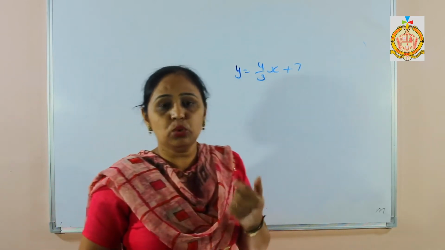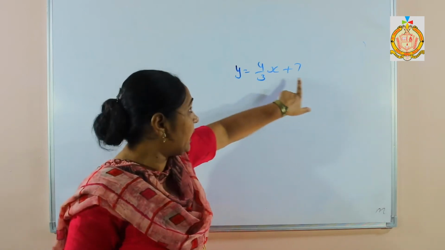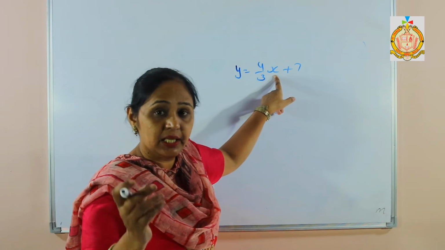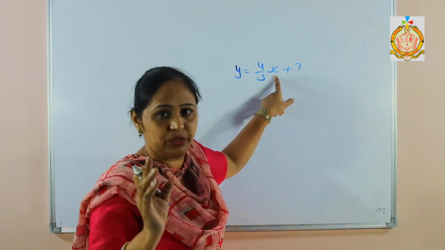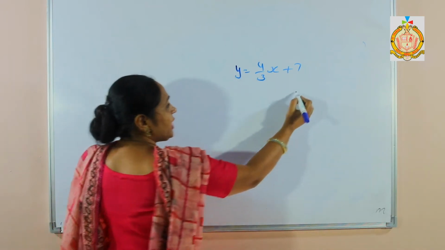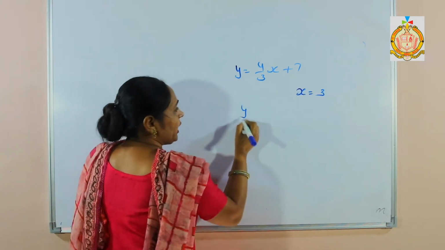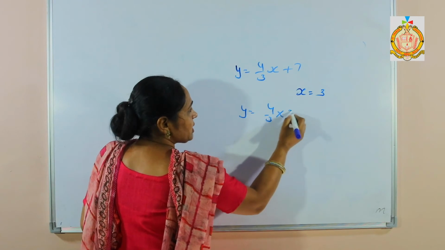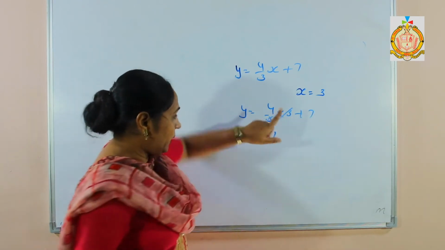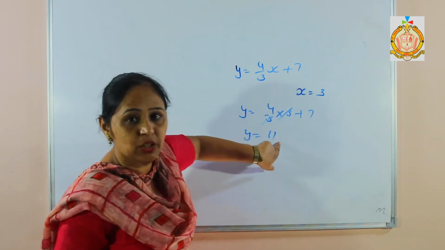I can let any value of x, which means x is independent, because I can take any value. But if I suppose x as 3, then y will be 4 upon 3 multiplied by 3 plus 7, which becomes 11. That means the value of y is dependent on x.